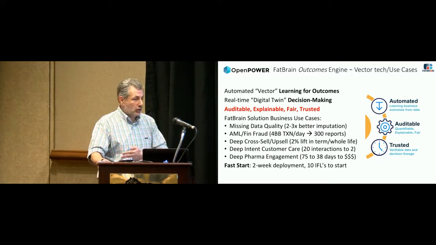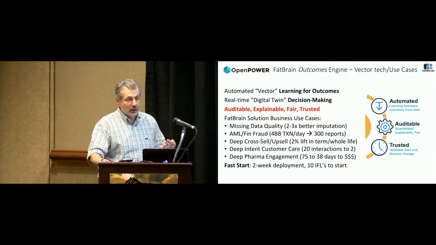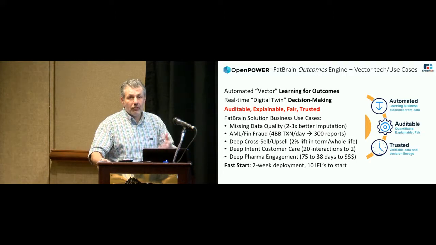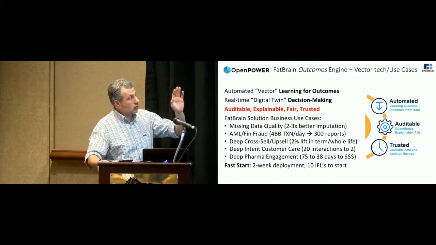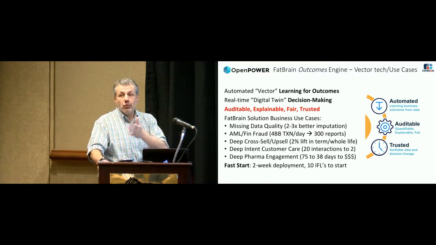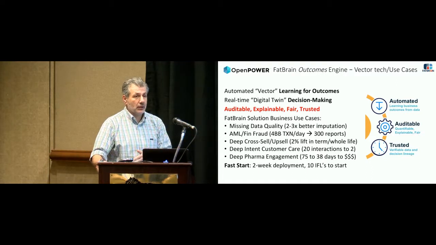My choices are I'm going to throw stuff out, which then regulators find difficult, or I'm going to say, wait a second, I'm going to use the last value of what I had before, or I'm going to find some other way to fix the problem. So we have a principled way of fixing it that's explainable, fair, trusted, and so on. And it is able to perform 2 to 3 times better than the manual system that people deploy.